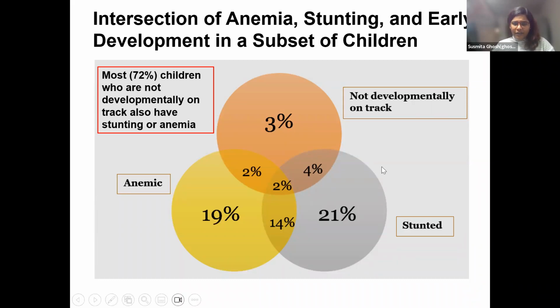So if we implement some interventions, they shouldn't only focus on the developmental domains, they should also focus on the nutritional status, anemia status, or other nutritional deficiencies of the child.